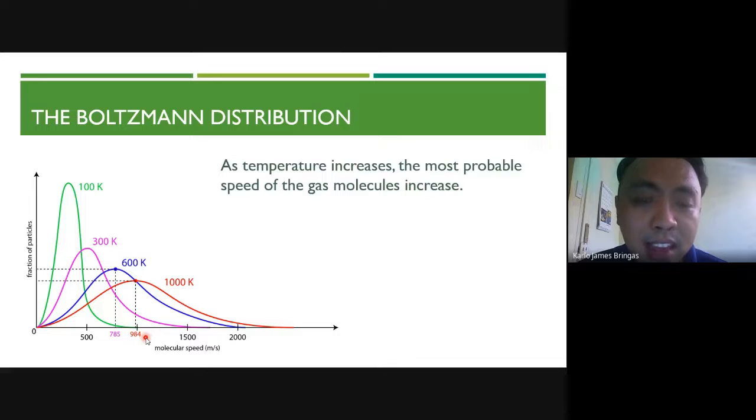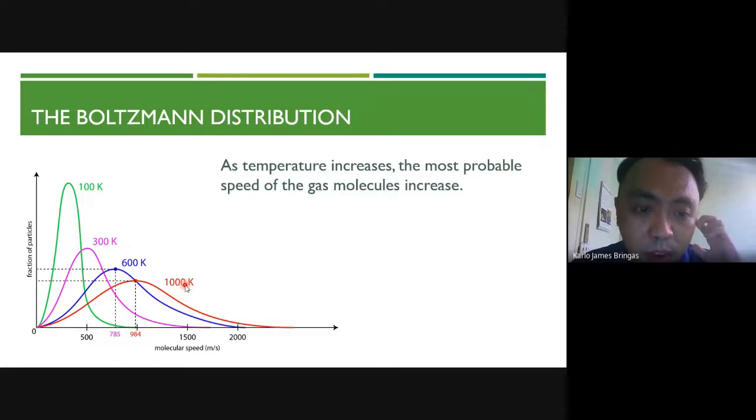We see that as the temperature increases, the most probable speed of the gas molecules increases. From 600 Kelvin, which has a most probable speed of 785, the most probable speed increases to 984 when we have a temperature of 1000 Kelvin. So that is a trend that we observe regarding our Boltzmann distribution.